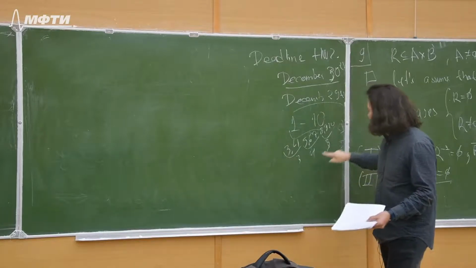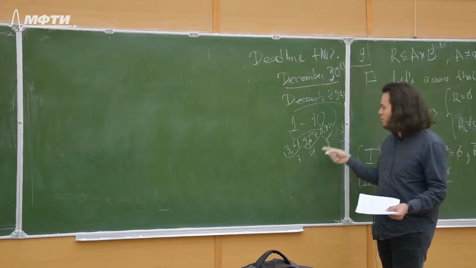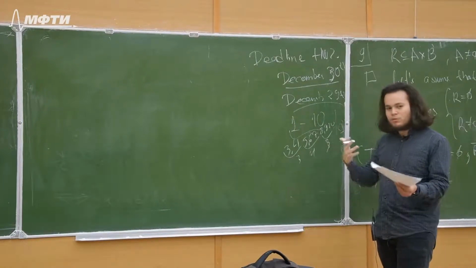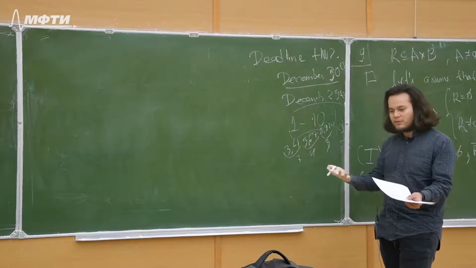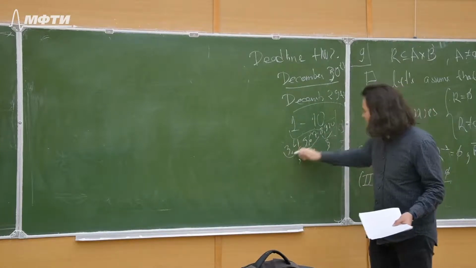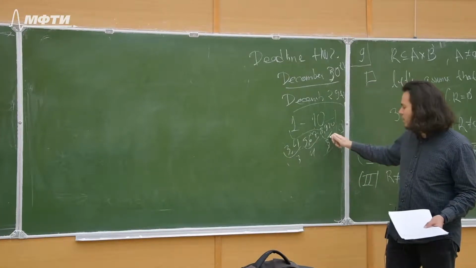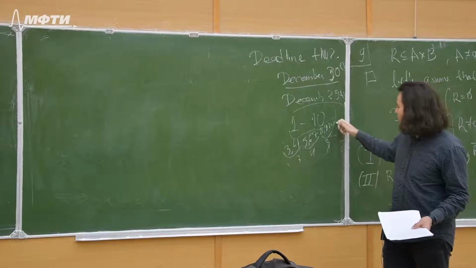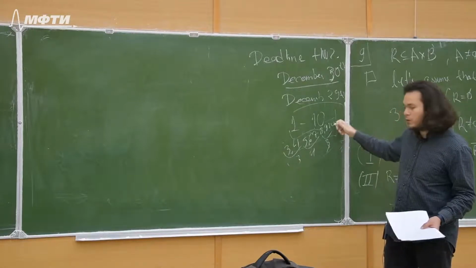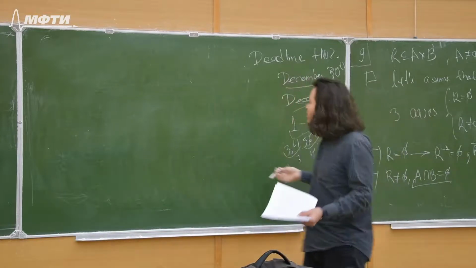So there are 2 kinds of grades: the one from 1 to 10 and the other from 1 to 5. Your grade will be taken from your homeworks and from a final test, I think. That depends on the lecturer.